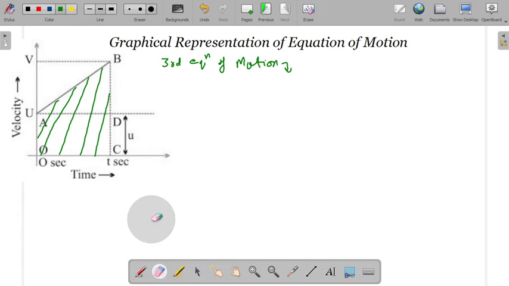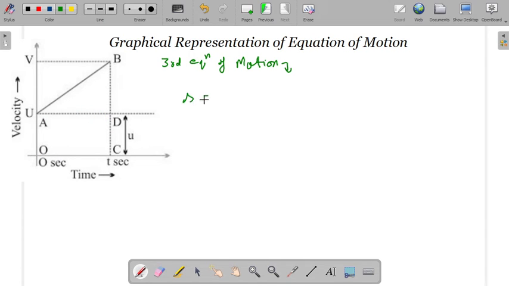Okay, so as we know that S is equal to the area of OABC, and OABC is basically a trapezium, which means the area of trapezium can be written as the mean of the parallel sides, that is OA plus BC, by 2, into height, that is OC.